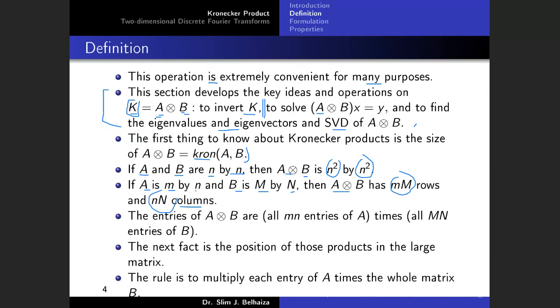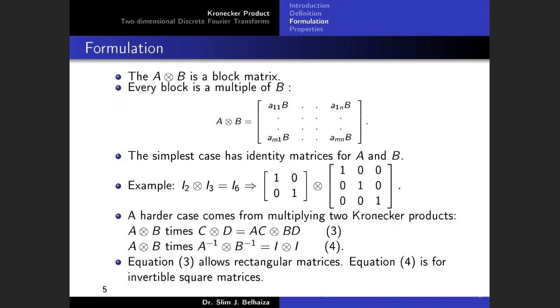And in fact, the entries of A ⊗ B are all m by n entries of A times all M by N entries of B. And the next fact is about the positions of those products in the large matrix. What is the rule to be used to get this product? It is to multiply each entry of A by the whole matrix B. So this is what we will get.